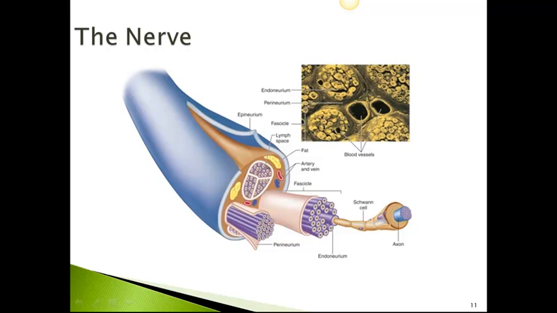They are surrounded by endoneurium, and there are several of these fascicles that can be within one nerve, along with arteries and veins and fatty deposits, and then it is covered by epineurium, which surrounds one entire nerve.